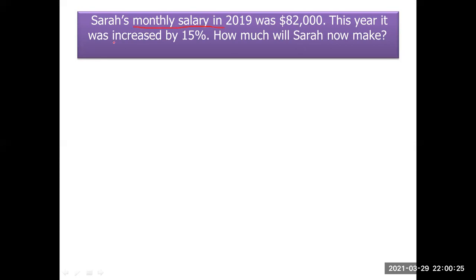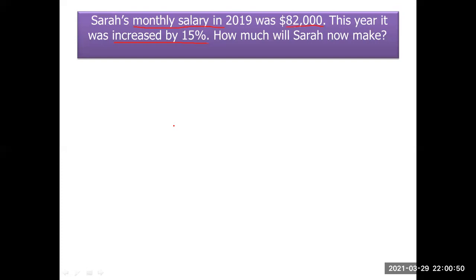This year it was increased by 15%. How much will Sarah now make? So it was increased by 15% and the salary was $82,000. Increase. Since it said increase, we're going to add.